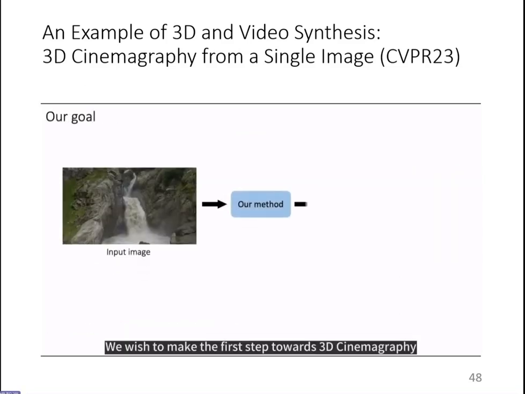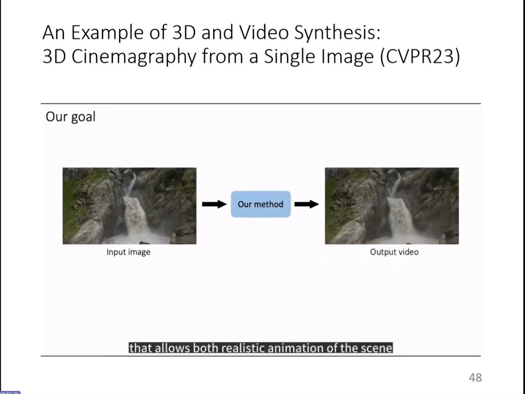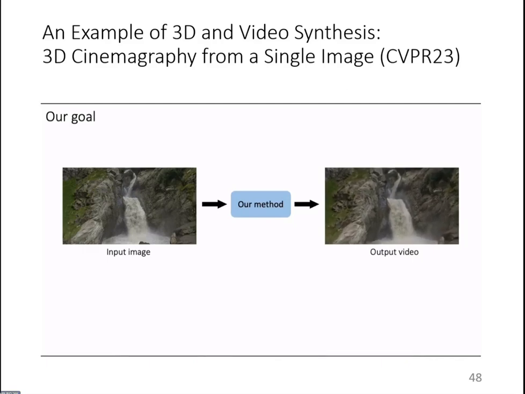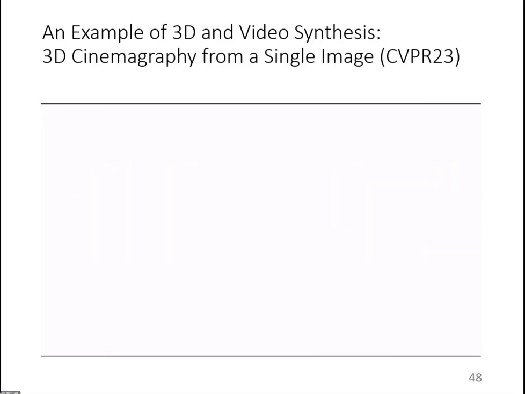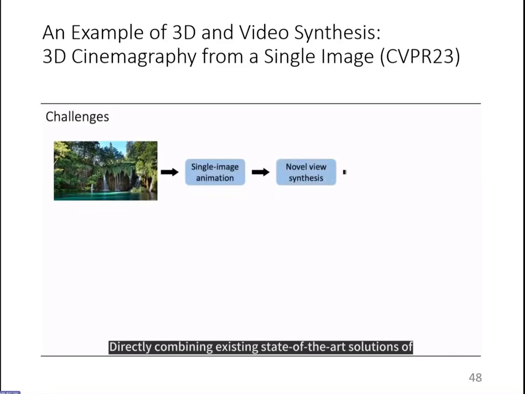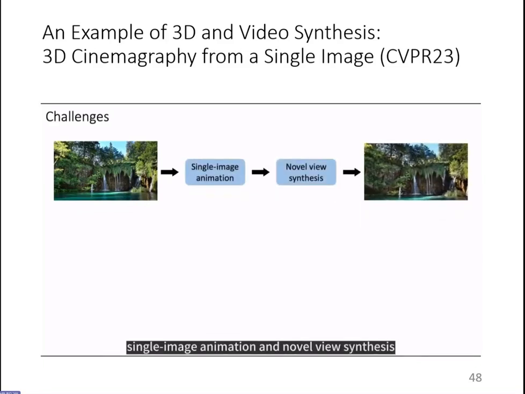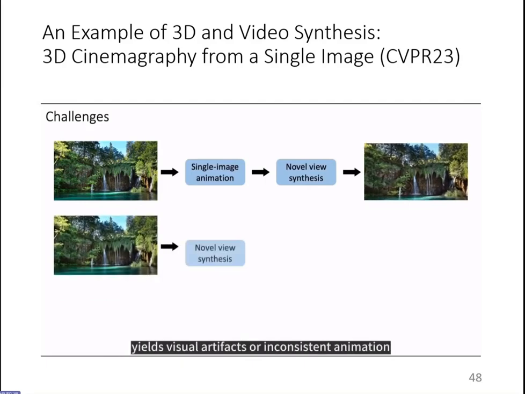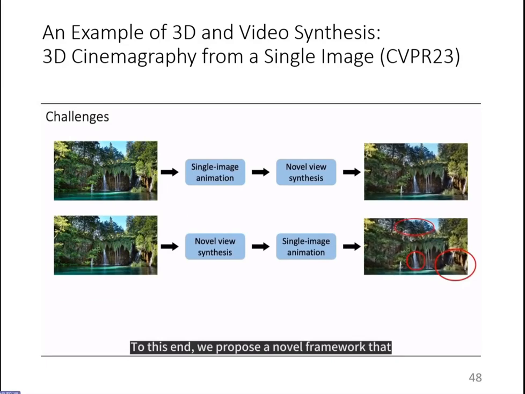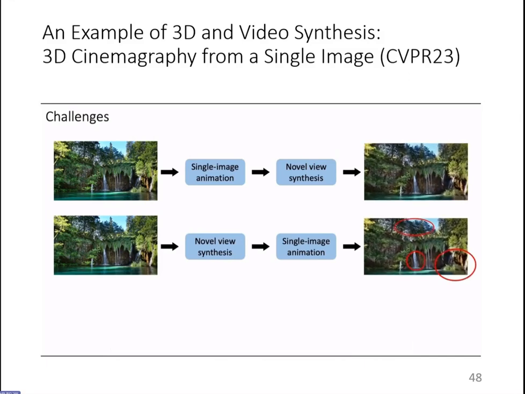We wish to make the first step towards 3D cinematography that allows both realistic animation of the scene and camera motions with compelling parallax effects from a single image. Directly combining existing state-of-the-art solutions of single-image animation and novel view synthesis yields visual artifacts for inconsistent animation. To this end, we propose a novel framework that jointly learns to solve the task of image animation and novel view synthesis in 3D space.